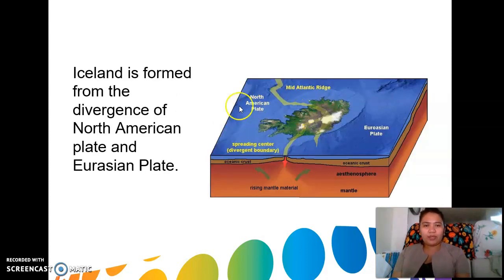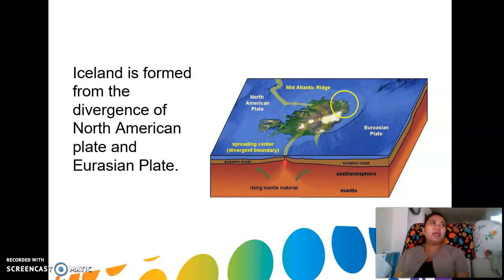So when the North American plate moves westward and the Eurasian plate moves eastward, it paves way for the rising magma and leads to the formation of an island on the topmost portion. Up to this moment, there is a continuous release here. Thus, an island is formed on top, and in this case, that would be Iceland.